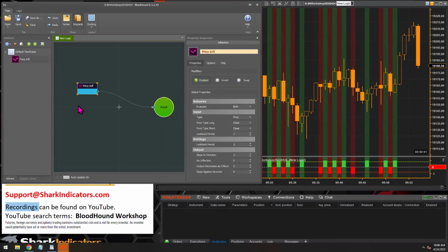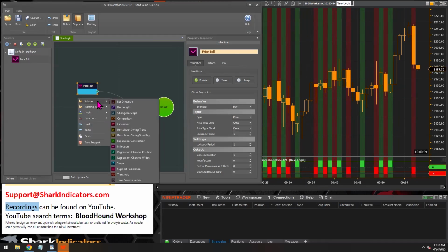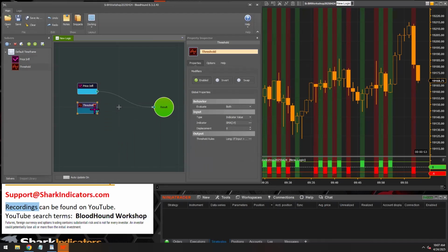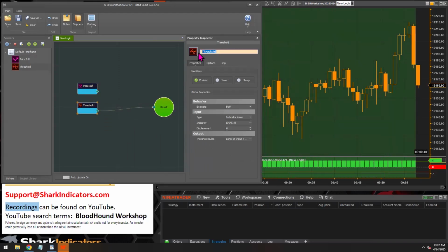And then I'm going to add a very simple filter here. I'm going to use the threshold solver, and I'm just going to look at the MACD, whenever the MACD is above or below the 0 line.